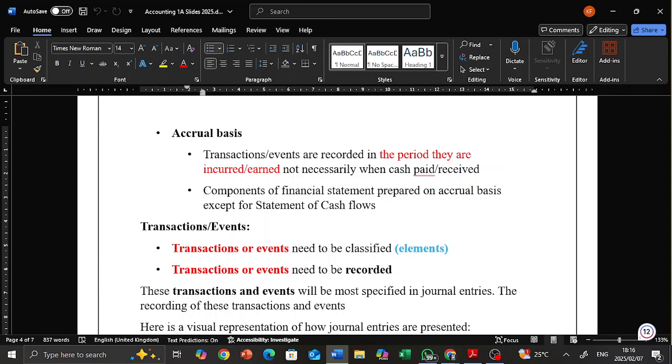Let me use another example. If I go to Pick and Pay now and I buy a bottle of water, let's say there is an accountant who writes down every transaction and event that happens. I buy a bottle of water, I take out my 10 Rand note, I give it to the cashier.